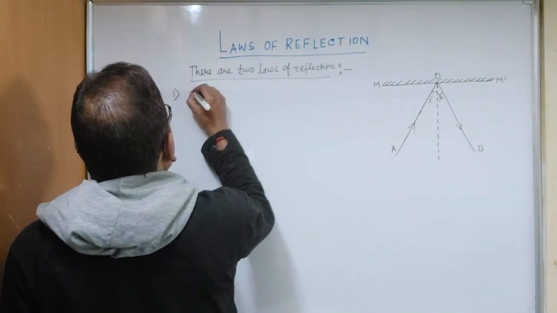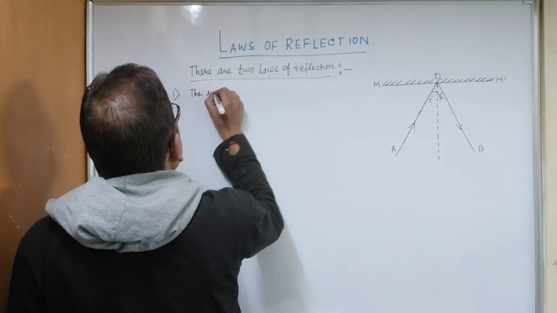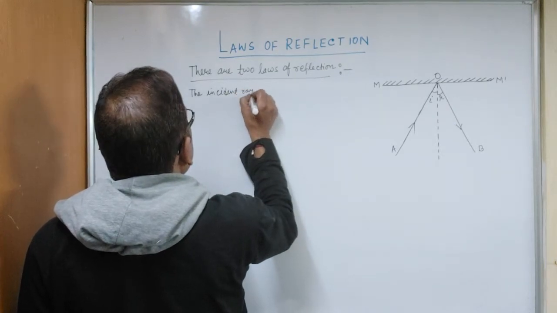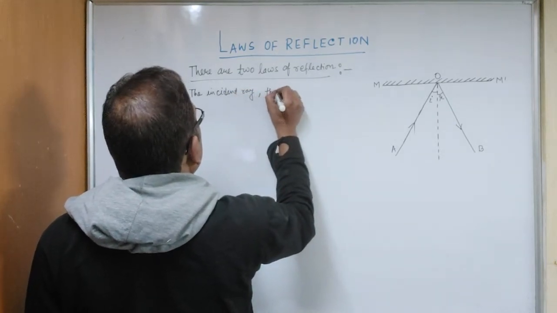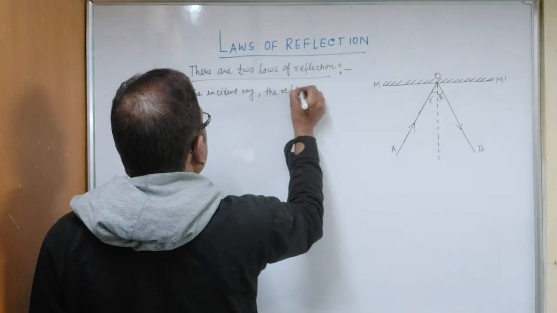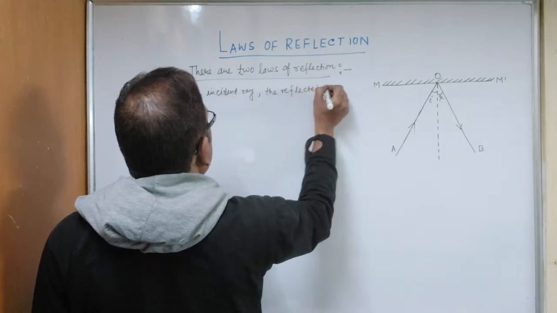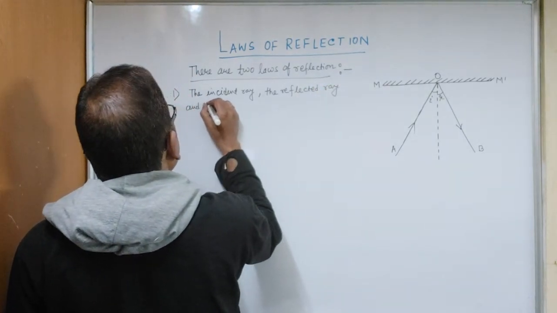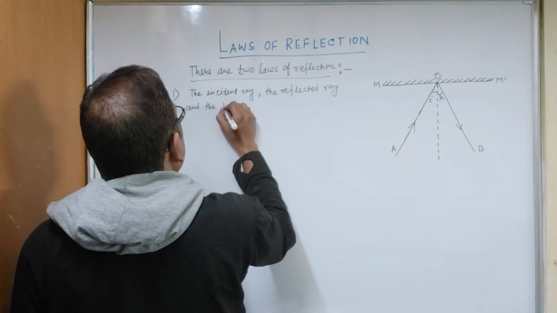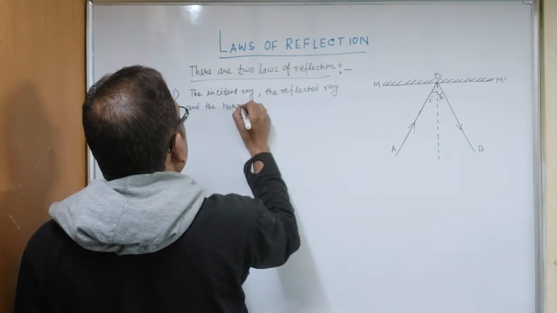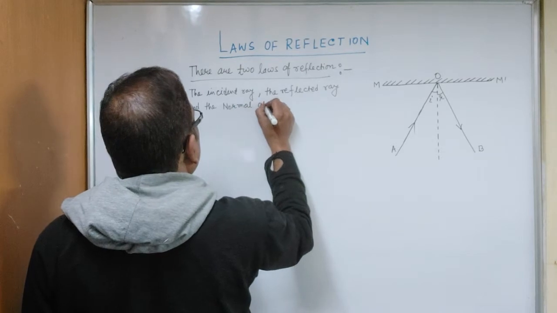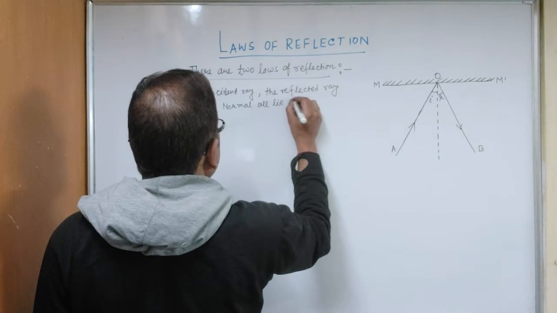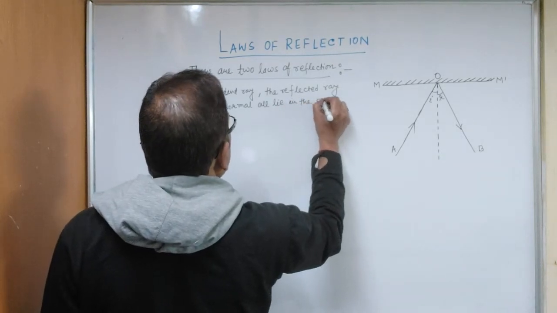So write it: the incident ray, the reflected ray and the normal all lie in the same plane.